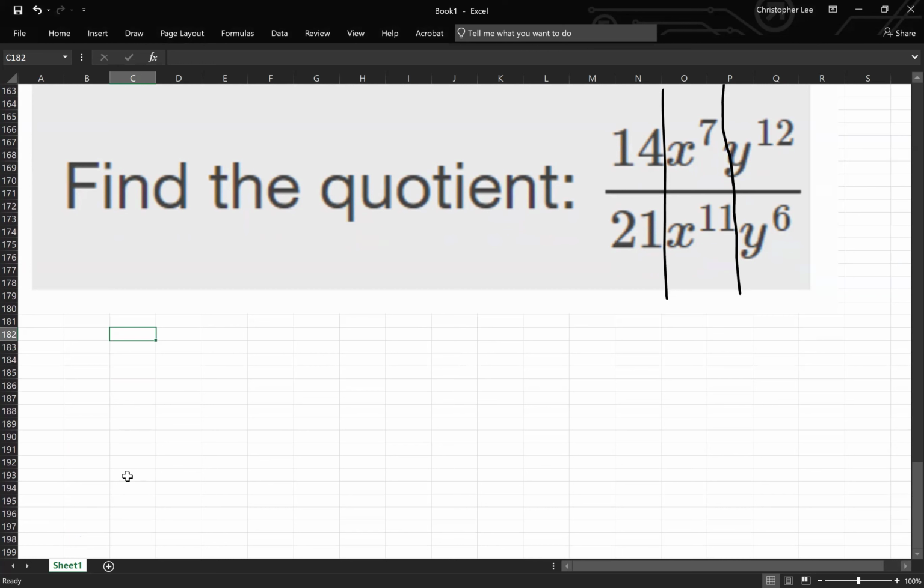Something over something. 2 over 3. X to the 7 divided by x to the 11 becomes x to the negative 4. That sounds better. And then y becomes y to the 6th degree, right?